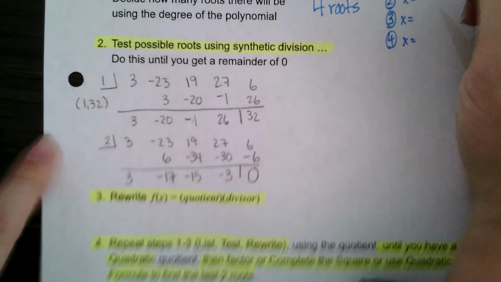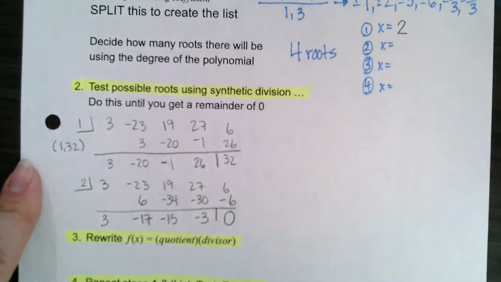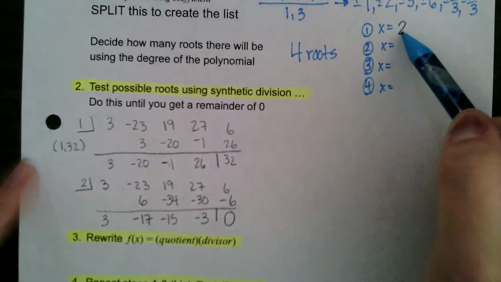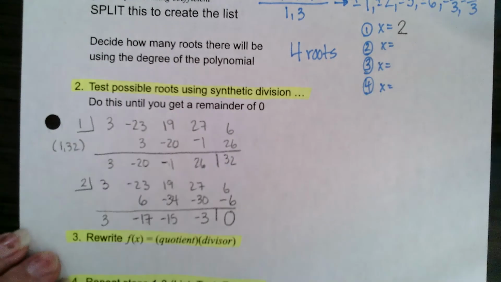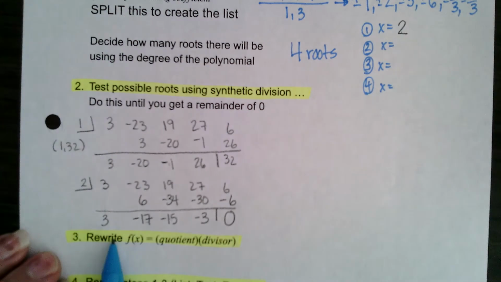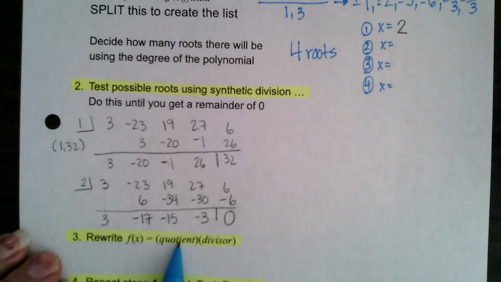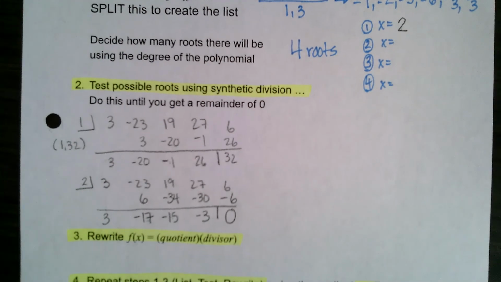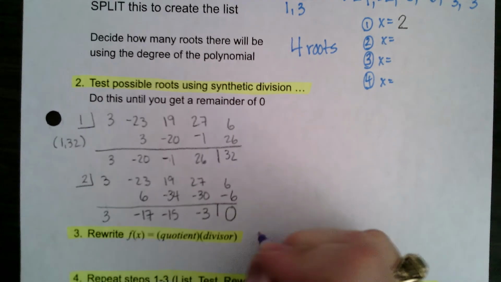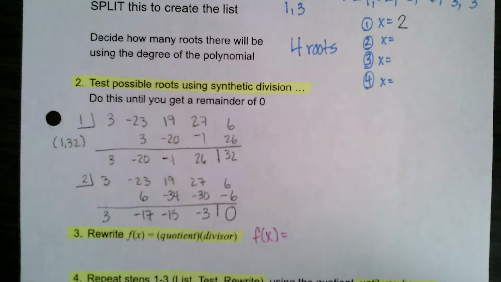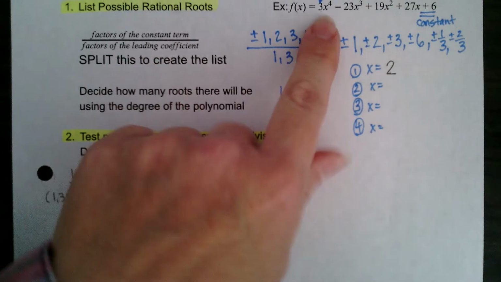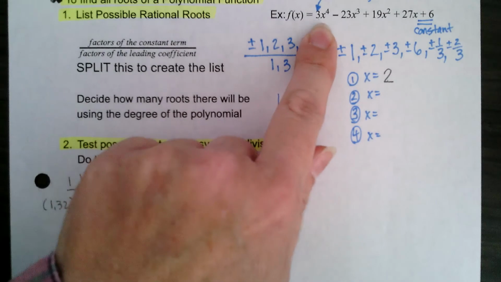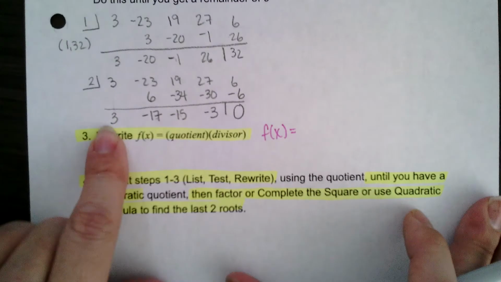So x equals 2 is my first root. So I go ahead and put that in my list up there. And then I'm going to rewrite my function as the quotient times the divisor. So I will have f of x equals, now the quotient, remember my function started out being a 4th degree, but each time I divide it, it gets 1 less.